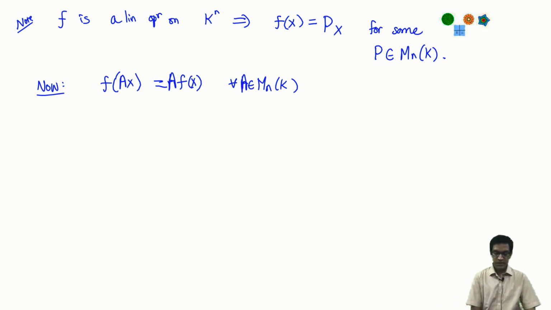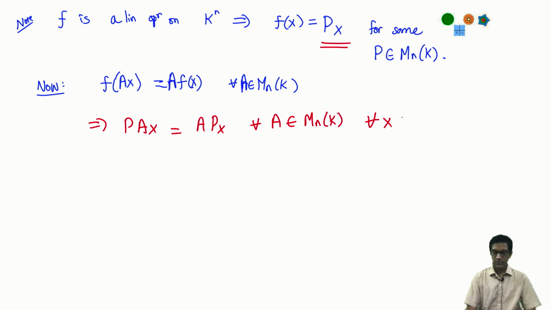Now what does this mean? I've just told you what f is, right? f is just multiplication by P. So this means in particular that if I take Ax and multiply it by P, it should give me the same answer as A times Px, for all A in M_n(K) and for all column vectors x in K^n.